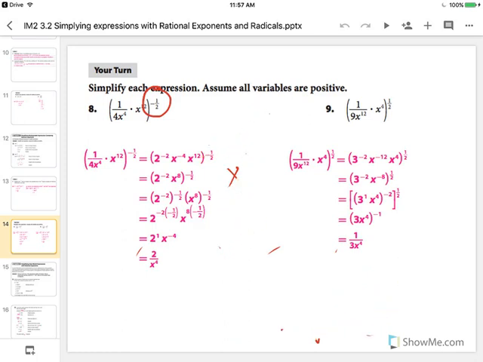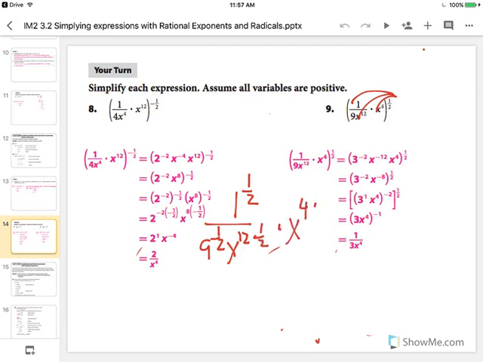For number 9, the power is a positive, so we can bring this into every one of these. 9 is 3 squared, so it gives us a 3.